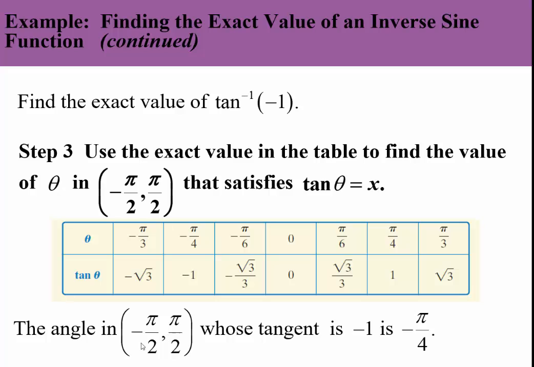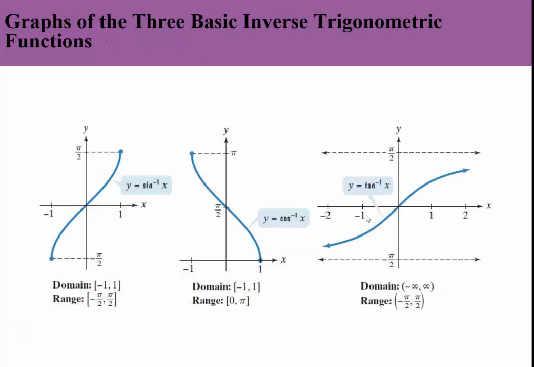So the angle in this restricted interval whose inverse tangent is negative 1 would be the angle negative pi over 4. And you could check that by taking the tangent of negative pi over 4, and that would come out to be negative 1.